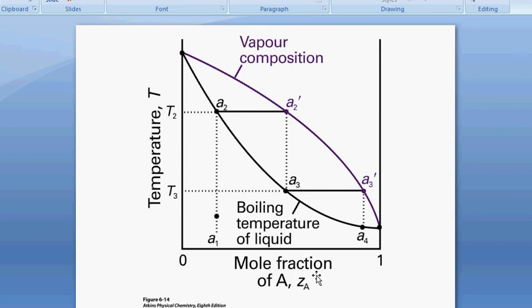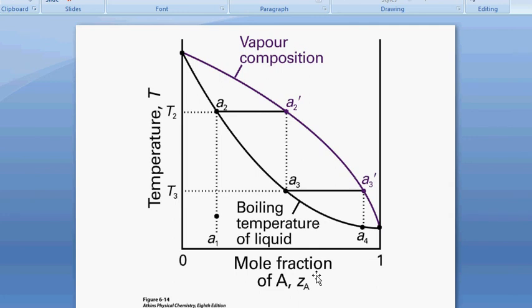Right? So I can collect this vapor. I collect this vapor, take it to a separate place, condense it. Once I condense it, I'll come down to this point. At that point, I again heat it, get more vapor.